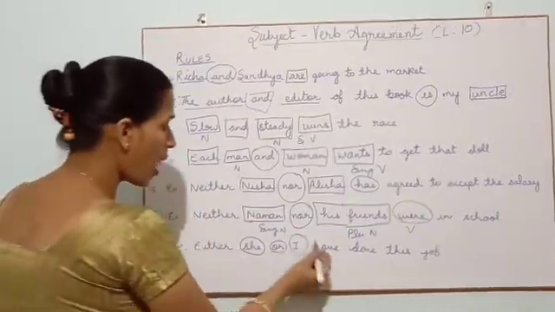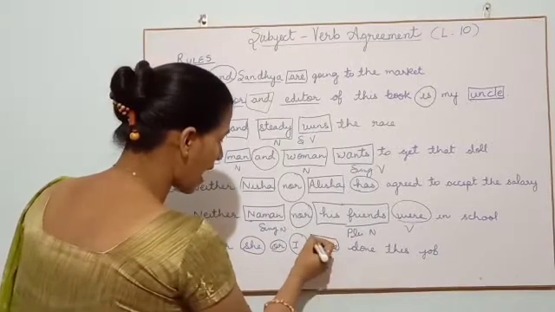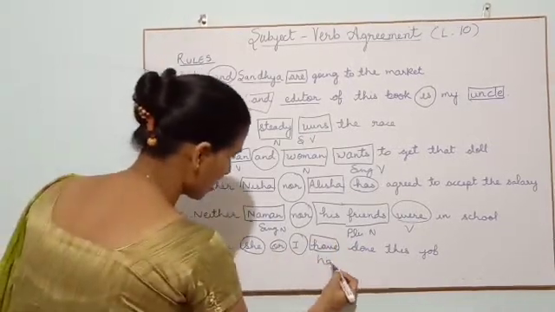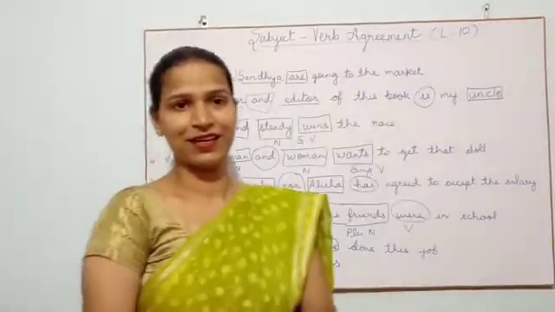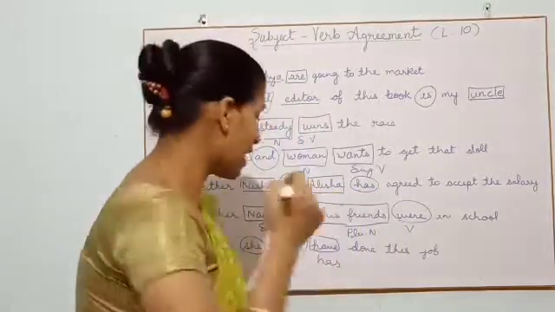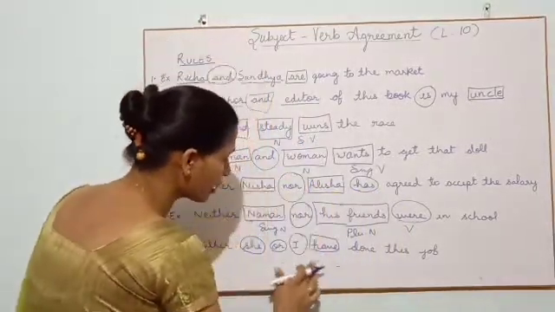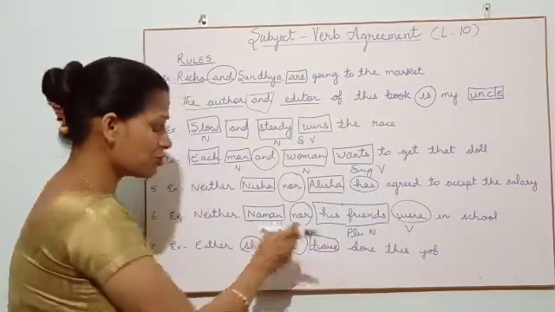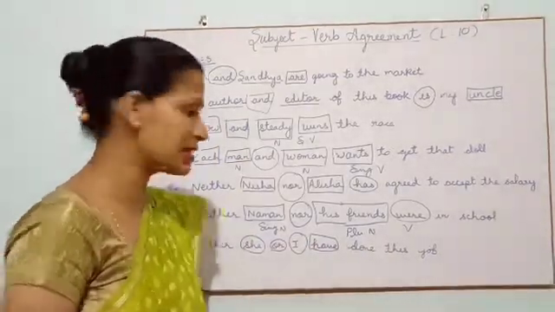Okay, now how have we taken this have with it? Why have we not taken has? Can you tell me? You must know the answer. Yes, exactly. Because it says the nearest subject. The nearest subject we will see.